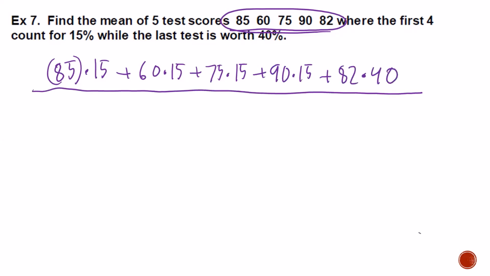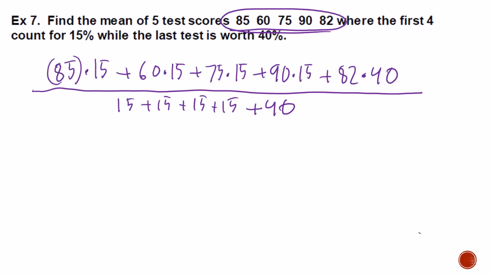Then the sum of the weights would be 15 plus 15 plus 15 plus 15 plus 40, which since it's a percentage ends up being 100%, but there's no rule that the weights need to add up to 100.